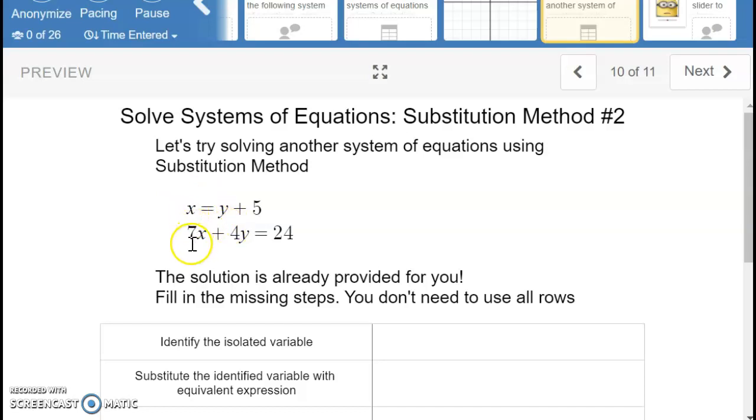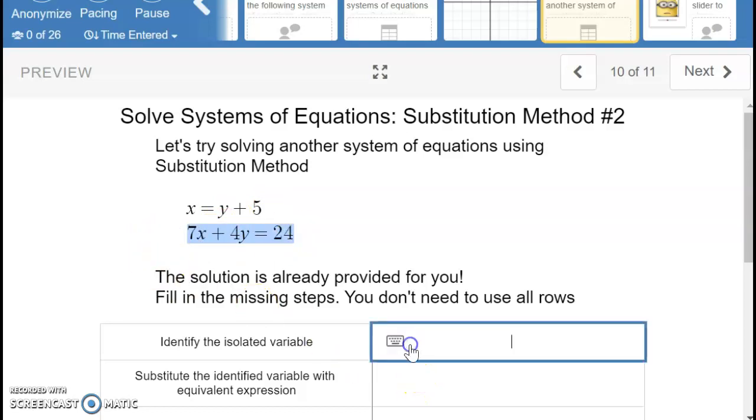Okay, that means on the second equation, whenever I see an x, I can use y plus 5 instead of x. So I am going to copy this equation and get rid of the copy mark.